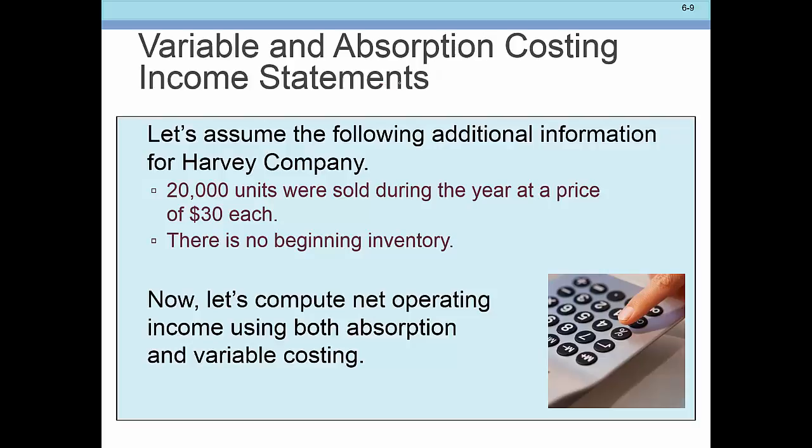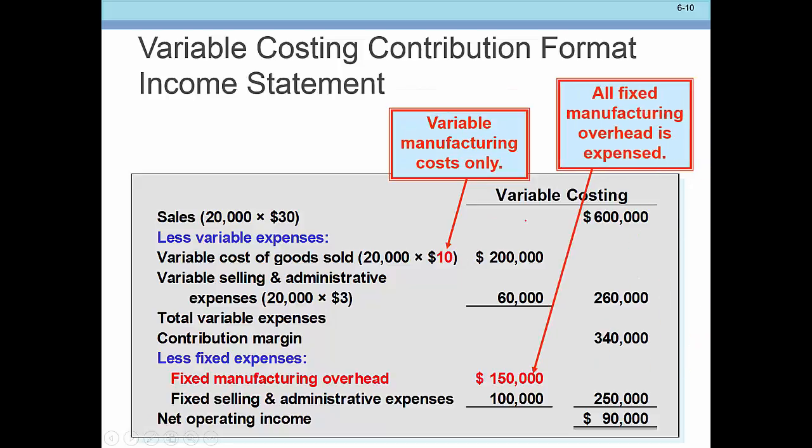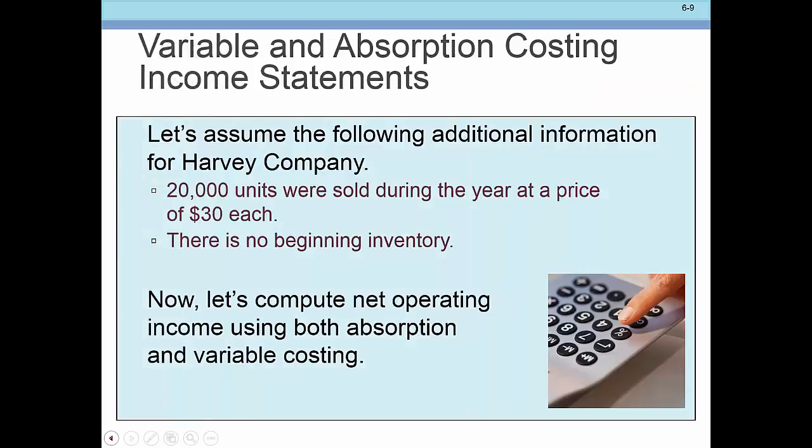So they produced 25,000 and sold 20,000 at $30 each. We're going to do our operating income just like we did in those problems we just looked at, under both absorption and variable costing, right? Okay, so let's see what they do. If we're doing variable, remember we had the $10 per unit. That was just the variable cost. Remember we originally had looked at their costs. Let me go back to that slide since that's like about an hour ago.